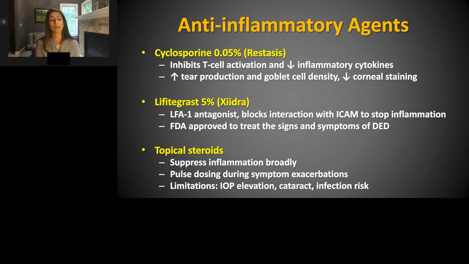If I think that there's someone that's going to have chronic inflammation issues, then I will add lifitegrast or cyclosporin to those patients. But certainly those are long-term medications. And so if I start them preoperatively, it's because I think that the patient has moderate or greater disease.